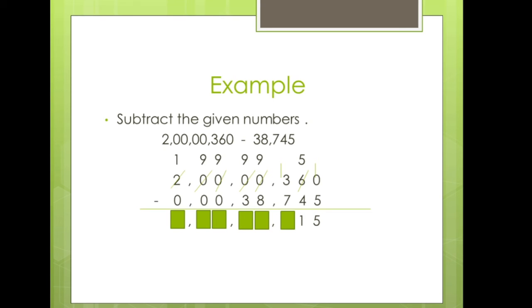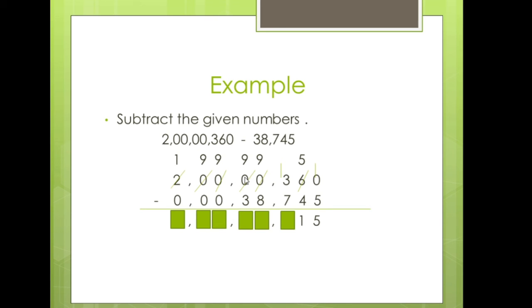Now just move on. In the next, third column, the upper number is 3 and the lower number is 7. So I need to convert this 3 into 13. I will take 1 from the next number, but this time there is 0 over here, so I need to make this 0 into 10.